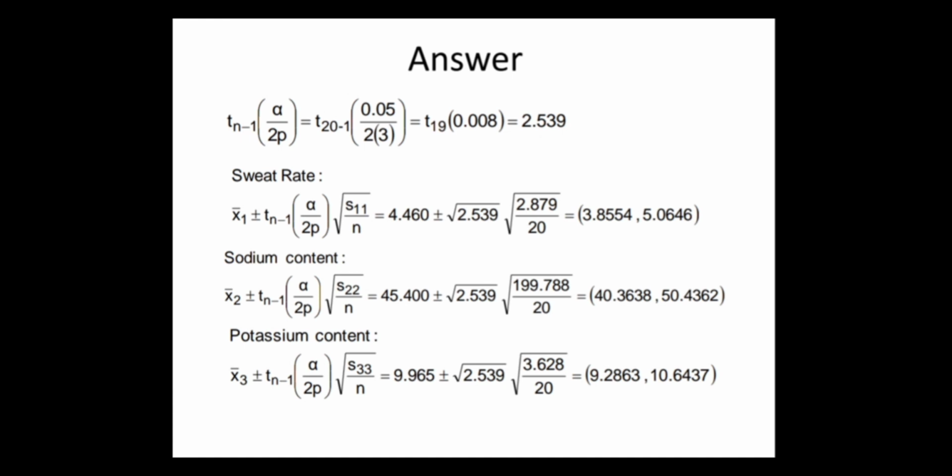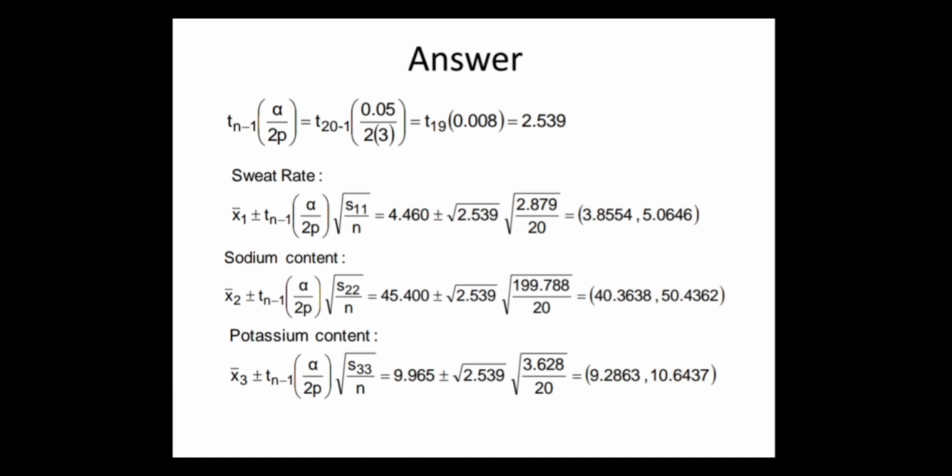Because of that, when we are using the Bonferroni method, the interval will be narrower or shorter, so it is more precise. Okay, just apply the formula like tadi, so you get this confidence interval.